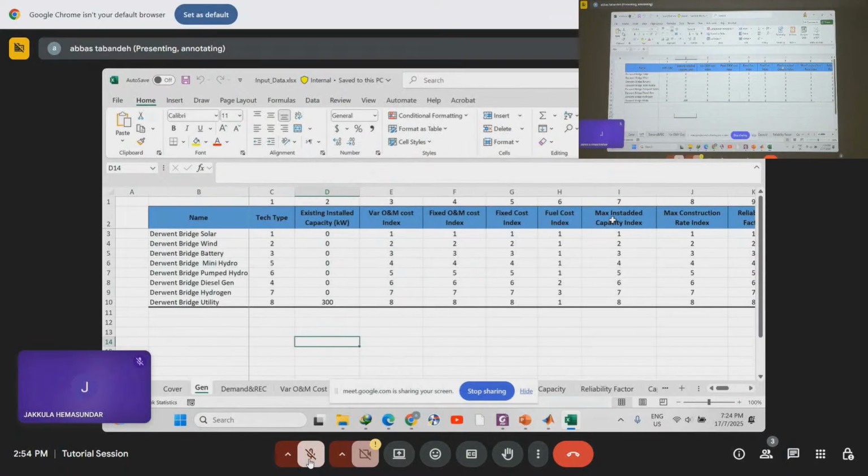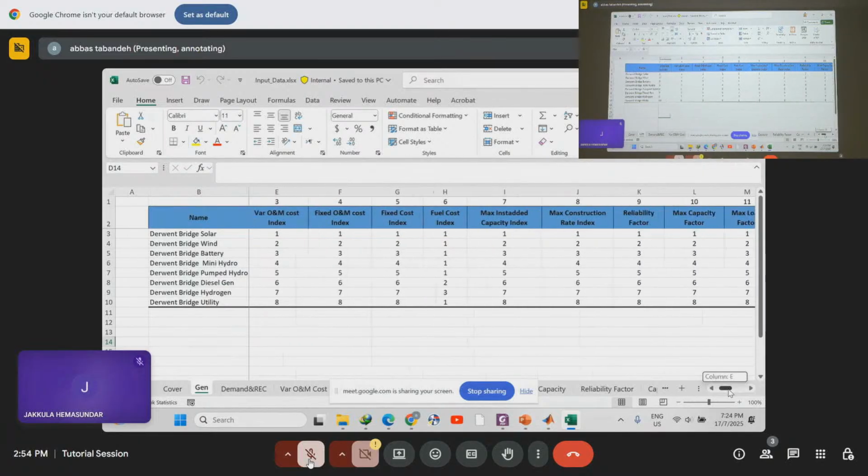And the maximum installed capacity index, again similar to the technology type index, we will define it. Another input parameter is the maximum building rate or construction rate for each technology, because we want to construct the technologies over the 25 years.